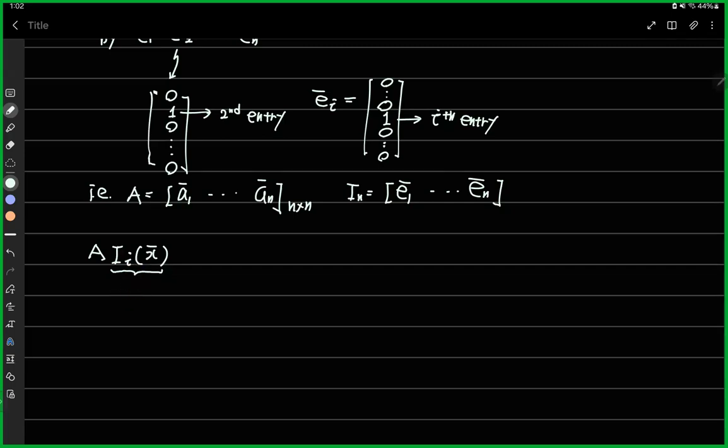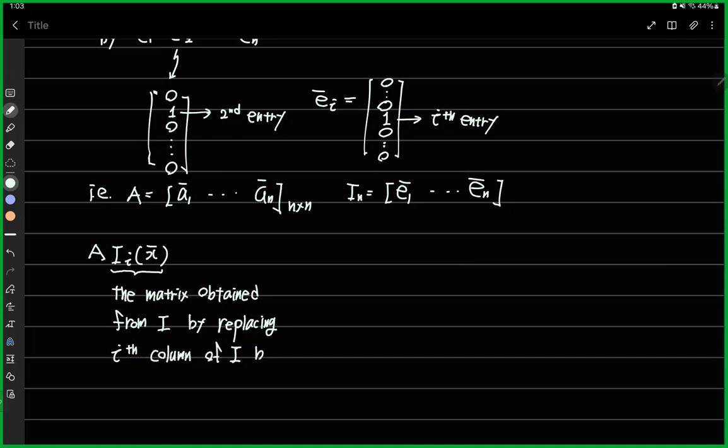This is the matrix obtained from I by replacing the ith column of the identity matrix by x bar.